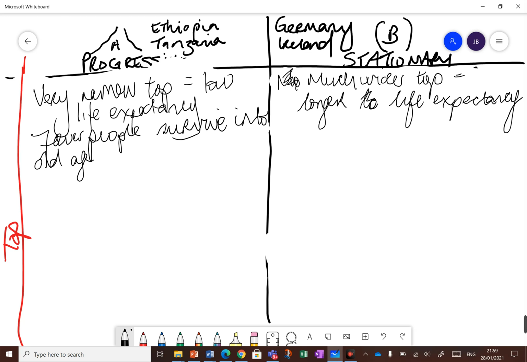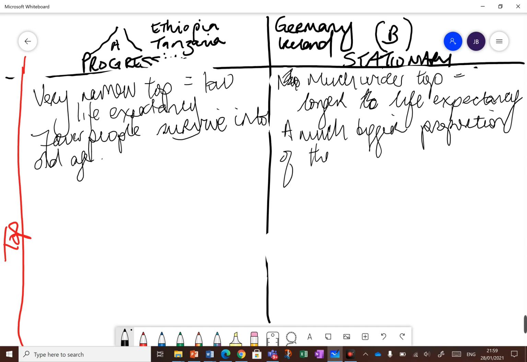I suppose I'll link it back in a minute. So much bigger proportion of the population survive into old age.